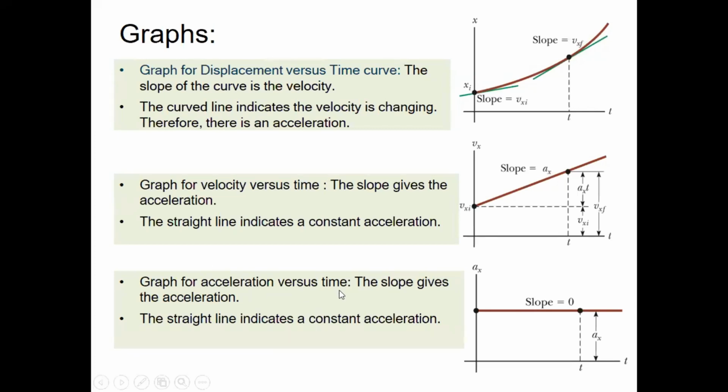The third graph is acceleration versus time. We see a constant line parallel to the x-axis, where the x-axis is t. For any t, this value is constant, and for another t value the acceleration is still constant. So this straight line indicates a constant acceleration, and its slope is 0.